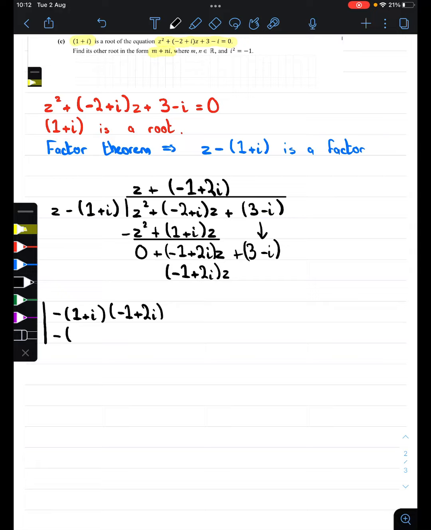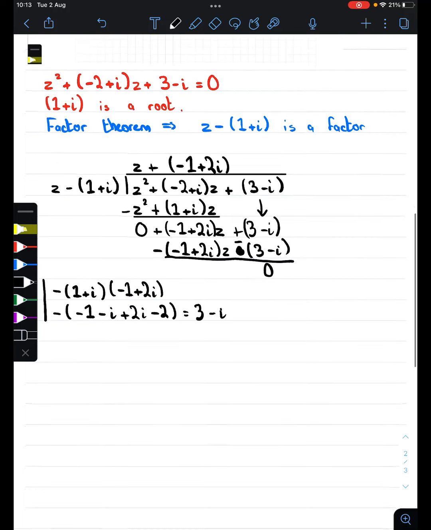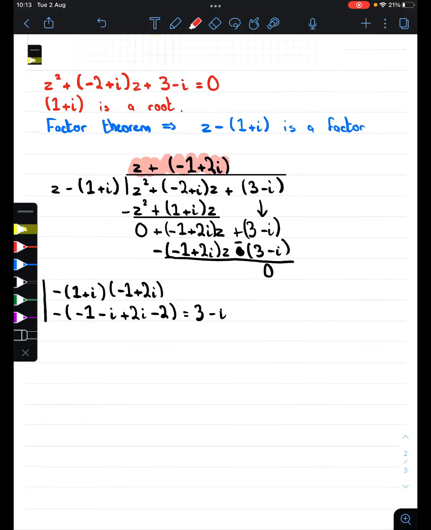So we get minus 1 minus i plus 2i, and then 2i by i is just minus 2. So we get minus 3, which is just 3, and then minus plus i, which is just minus i. So we get plus 3 minus i as we would like. And then you change the signs, and this is 0. So the other factor is z plus 1 minus 2i.